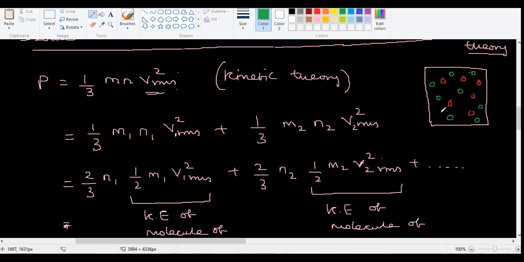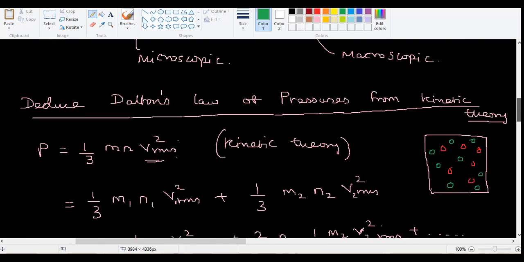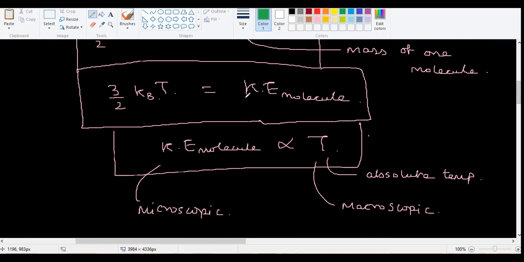So what I'm trying to say here is the temperature is constant here. So for a given temperature, the kinetic energy of the green molecules and the kinetic energy of the red molecules are going to be the same. Why? Because of this relationship. Kinetic energy of a molecule depends only upon the temperature.